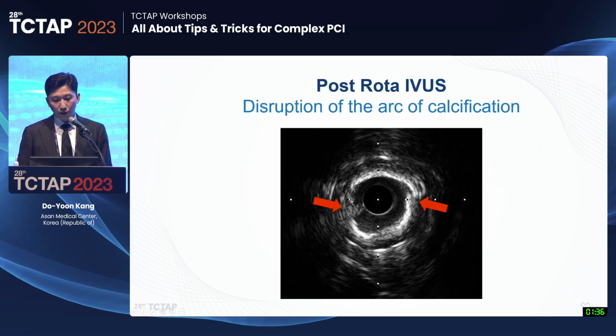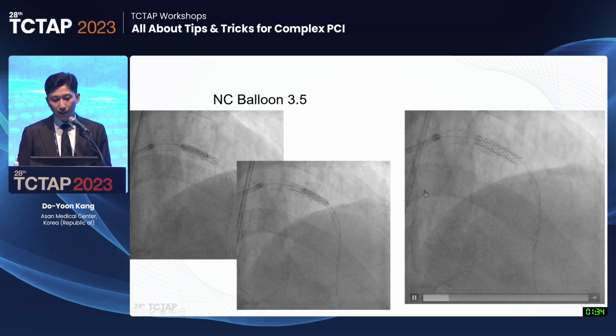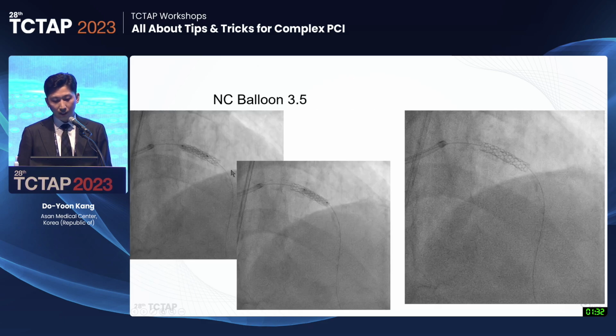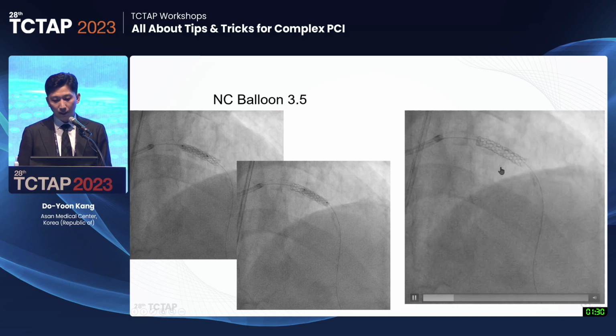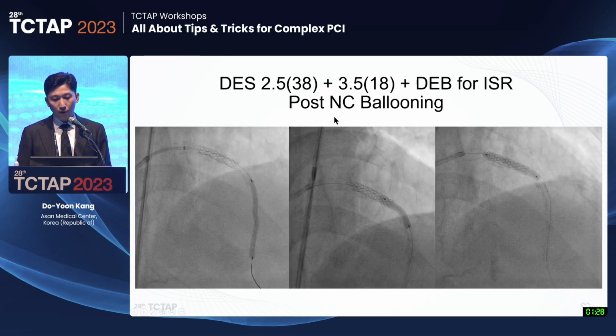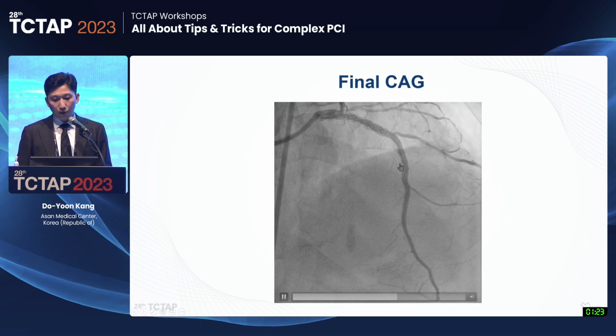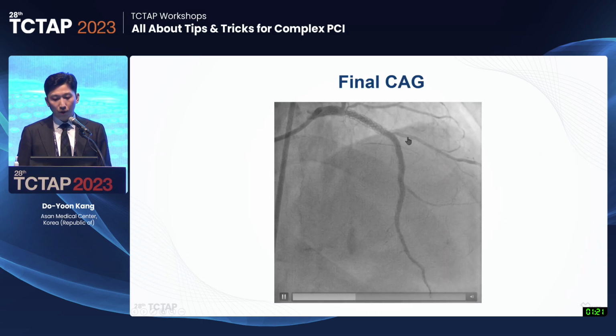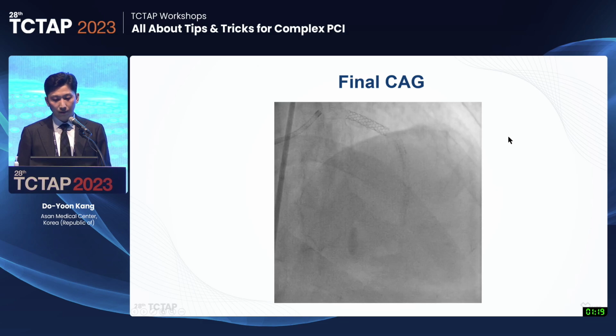Post-rota IVUS shows disruption of the arc of calcification. Then you can see the balloon is expanded and the lumen is restored, and we finished the procedure with a drug-eluting balloon in the previous stent.